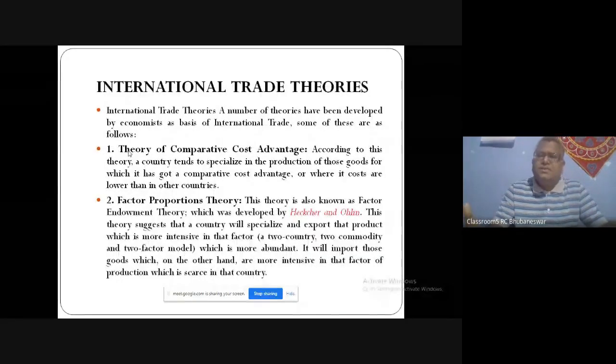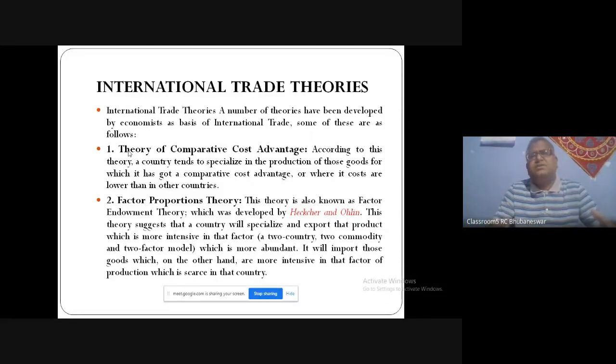But another topic is, one student asked me, sir, what are the trade theories? In international trade, theories are of different types. One theory is the theory of comparative cost advantage. Comparative cost advantage, as the name says, means some countries specialize in some products and they get a comparative cost advantage.